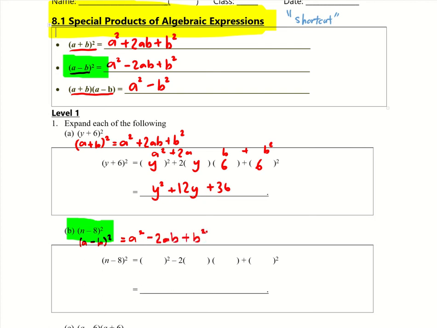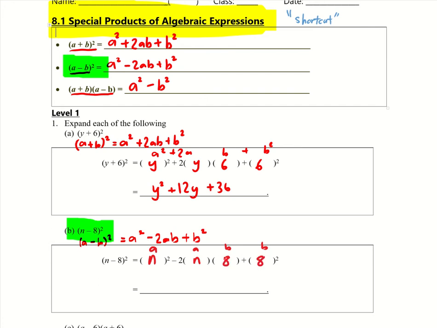I've already put in the brackets for you. So this is your a minus b square, which is simply a square minus 2ab plus b square. In this case, your a is n and your a is n. Now you realize that I don't put in the b as a negative b. I'll just put b as a number itself, so 8 and 8.